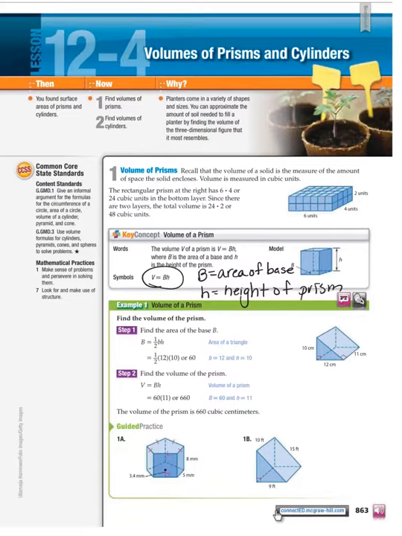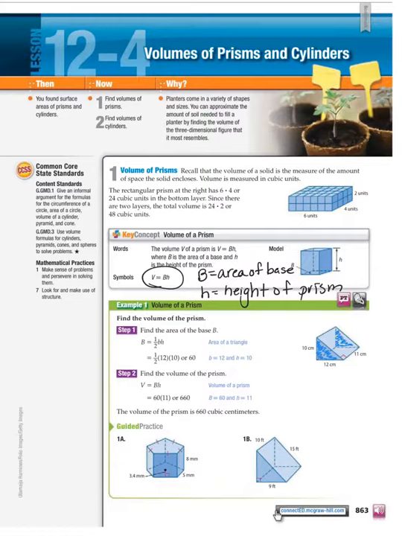So if you'll look at example 1, I have to identify my bases again, and the bases are always parallel, congruent polygons. And in this case, my bases are going to be, let's see if I can put them in blue, the triangles.